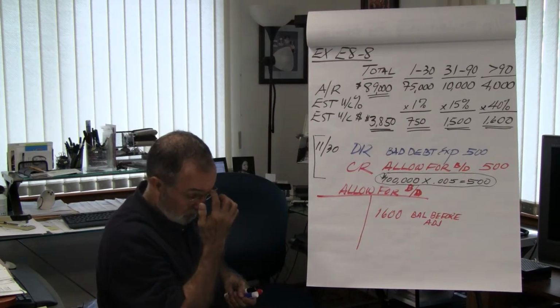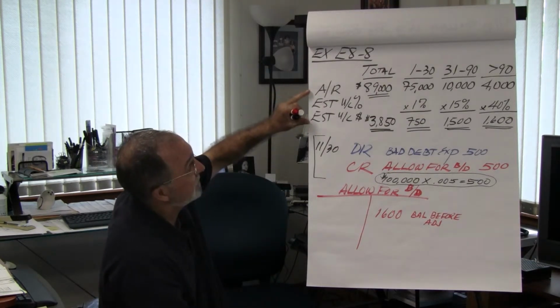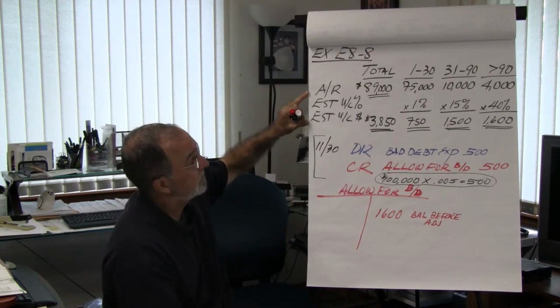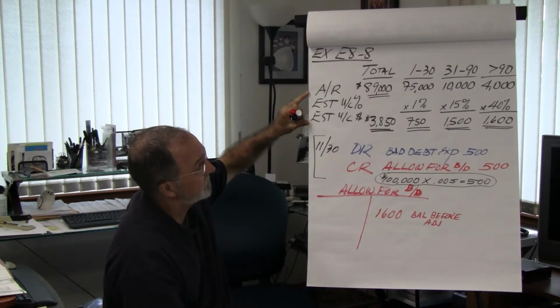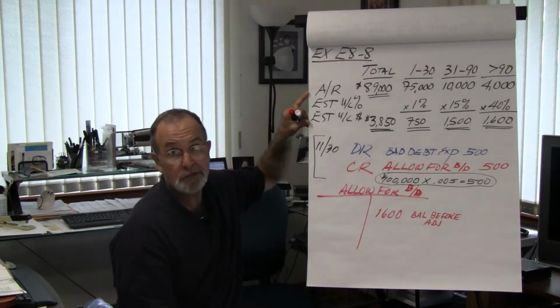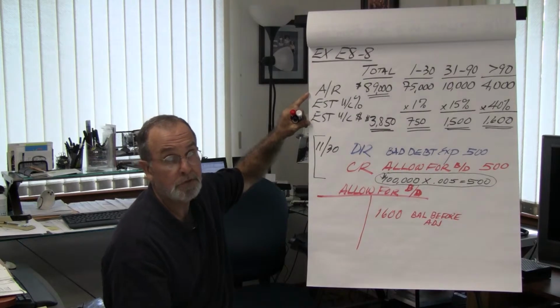So we need to apply for the 12th month of the year for this company. We need to apply the aging of accounts receivable approach of estimating our bad debts.